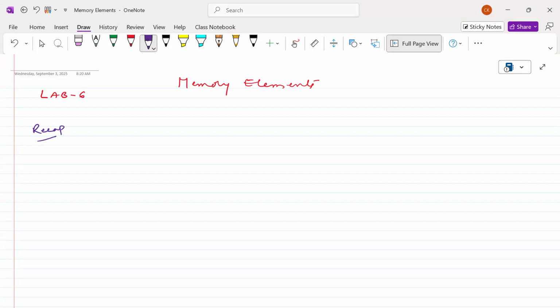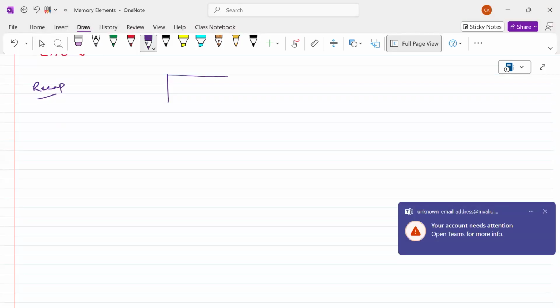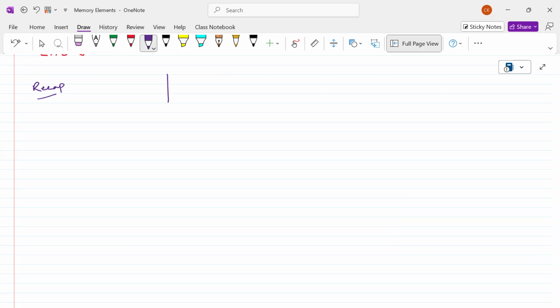Okay. So if you talk about any sequential circuit, how do we define a sequential circuit? If I say a digital system is realized with sequential circuits, means what? The output of the digital system depends not only on the present input, the past history of the input also must be considered, right?